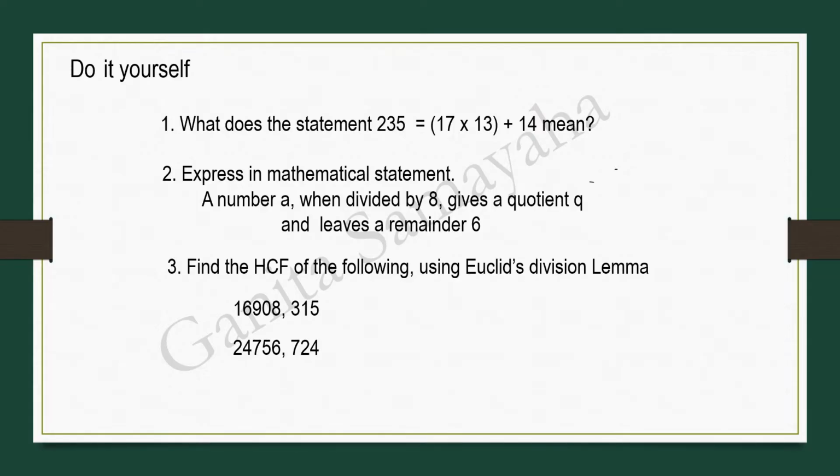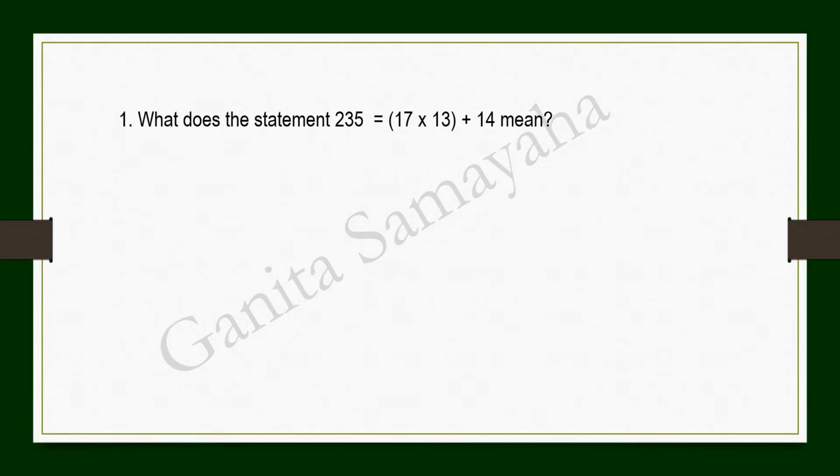Children, in the last class, I had given a few assignments so that you would all work it out on your own. I am sure all of you are ready with it and very eagerly waiting for discussion. So let us discuss the same now, children. The first question was 235 is equal to 17 into 13 plus 14. What does this statement mean?